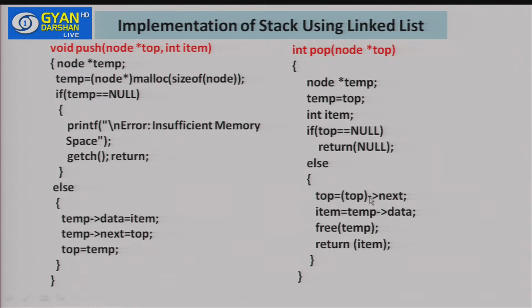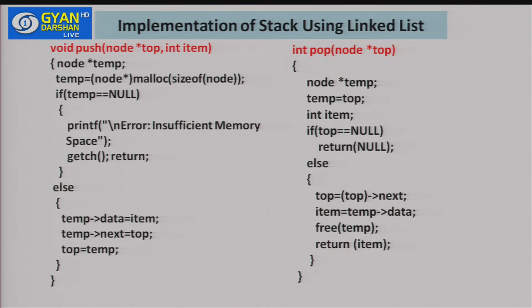Otherwise, what we will do? We will increment the top by top next, and the item will be retrieved, which is going to be stored into the item variable, that is, temp data will be assigned to the item. Then that particular node pointed to by temp is made free, or the memory is released.